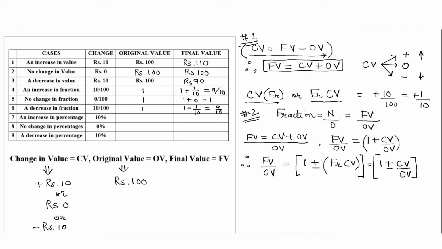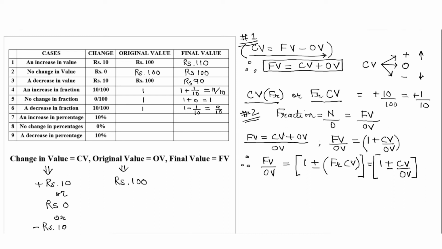Now, once we are able to find out the fractional change, you would see that you will come across 3 different types of fractions. One is 11 by 10, which we call an improper fraction. The other fraction is 1, which we call an ideal fraction. And the final fraction that we got here is 9 by 10, which we call a proper fraction.